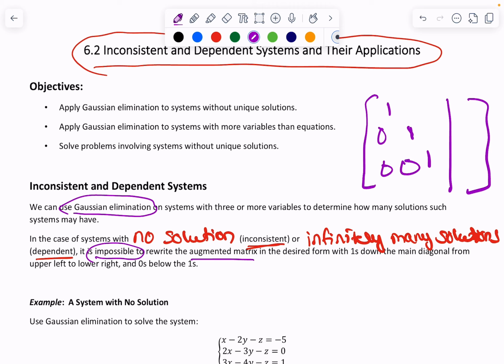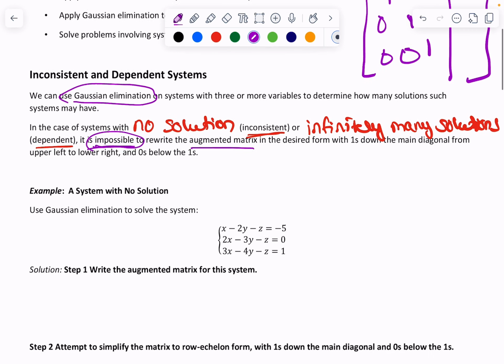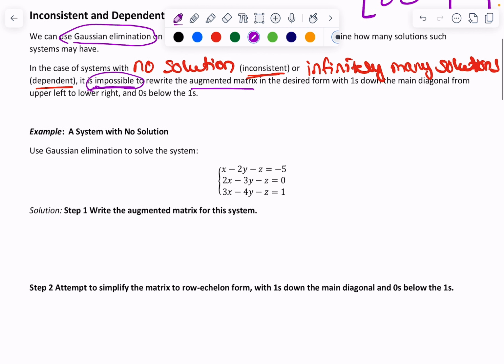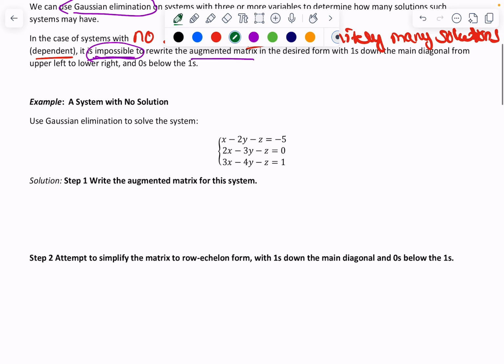So again, it is impossible. So let's look at our system of equations here. We've got three equations and we're going to use the Gaussian elimination. So we're going to first write the augmented matrix just like we've done before.